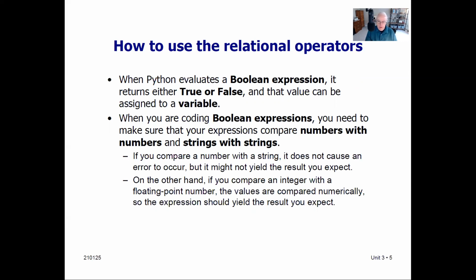If you compare a number with a string, it does not cause an error. There is no error, okay? What's going to happen is the result's not going to be right. And you're going to be looking at your output. You're going to have maybe some runtime or logic complications that you don't know what's going on, and there's no error. That is going to be a data type situation.